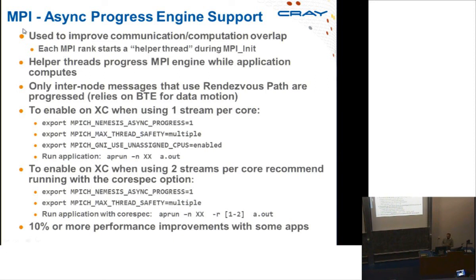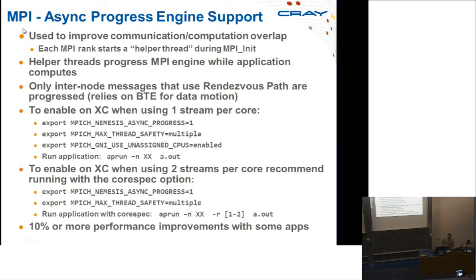Again, only internode messages are processed this way, which makes sense. Anything that goes over the Aries, and it's going to be anything using the rendezvous path, because the eager path doesn't require much in the way of additional processing.